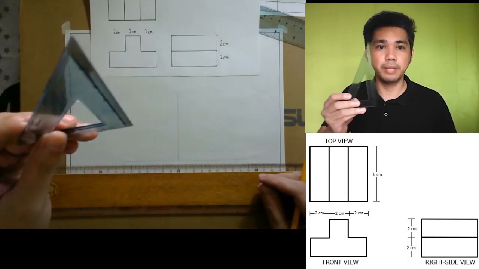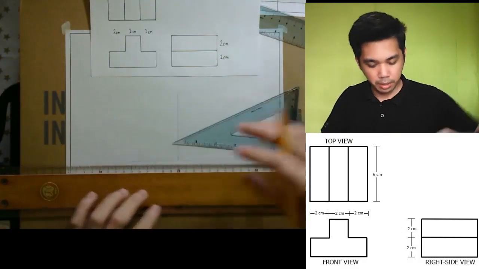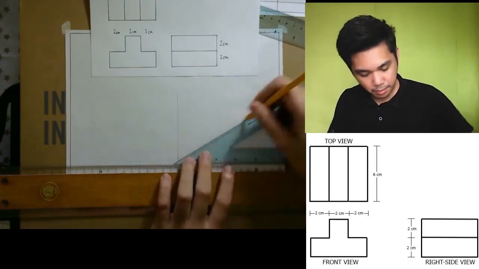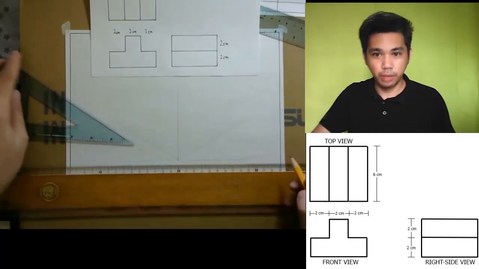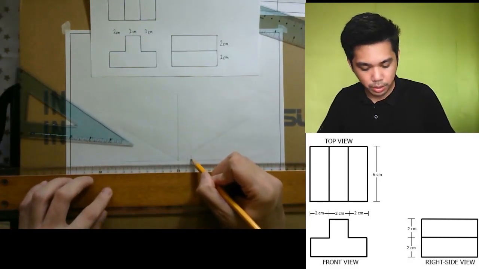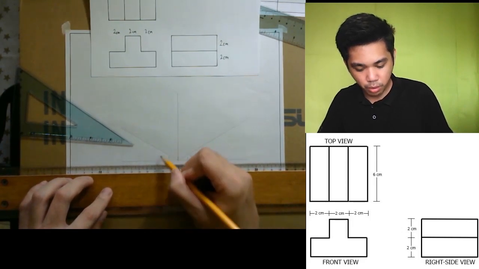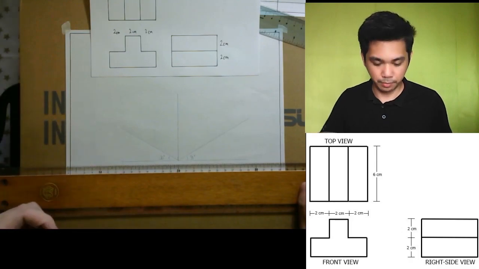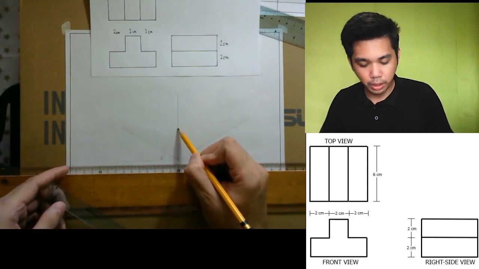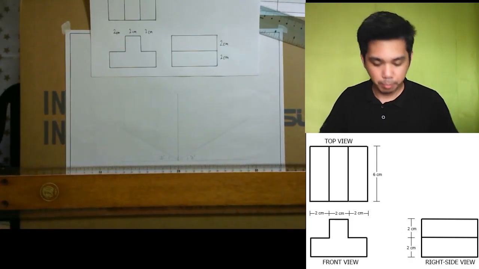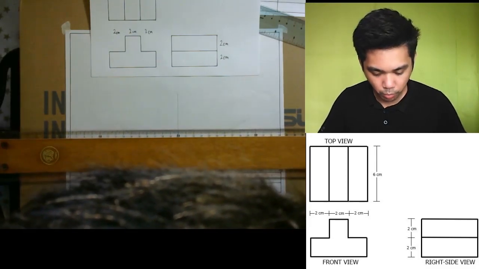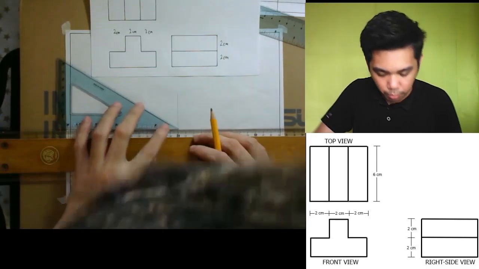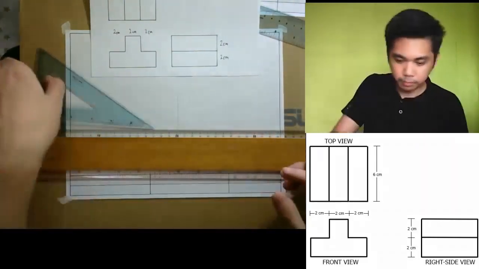We need a 30 by 60 triangle. So definitely this one is 30 degrees. This is also 30 degrees.